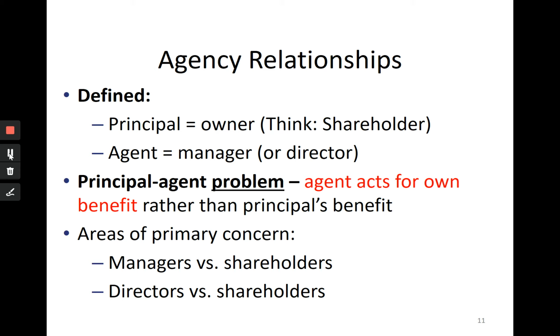Principal is the owner, the one who hires the agent.